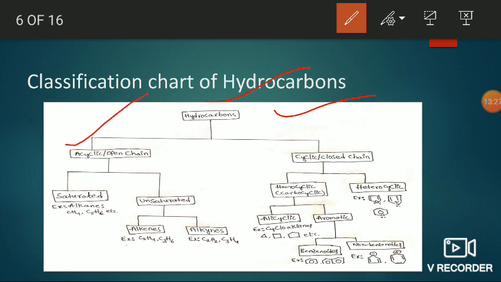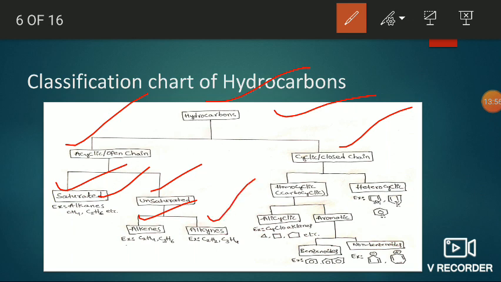They may be acyclic, also known as open chain hydrocarbons, or cyclic, or closed chain hydrocarbons. The acyclic or open chain hydrocarbons are further classified into saturated or unsaturated. In the case of saturated, the examples are alkanes. In the case of unsaturated, they may be alkenes or alkynes.